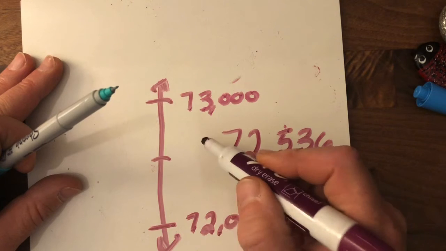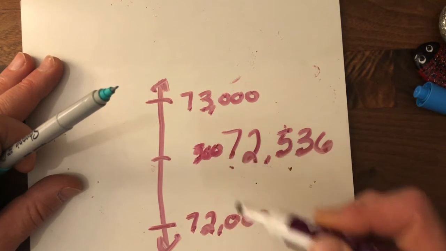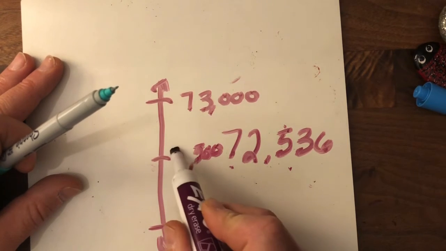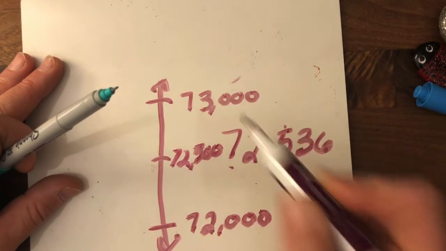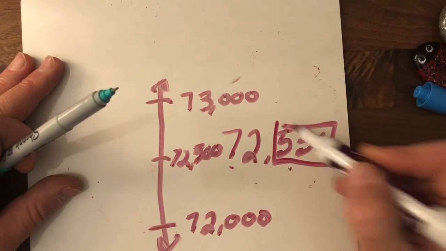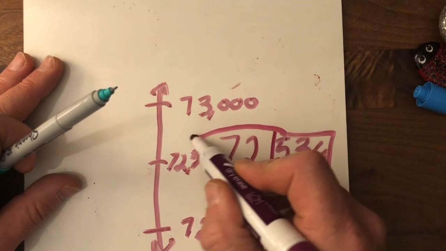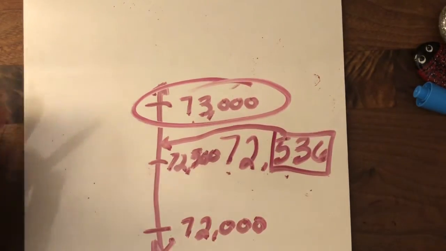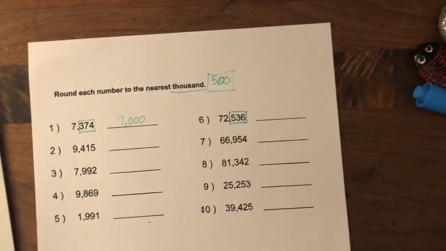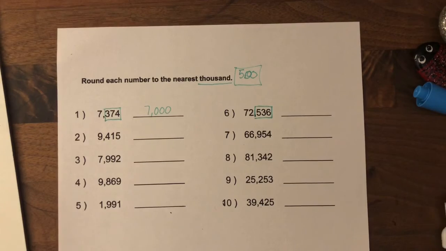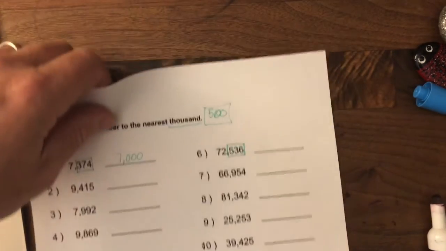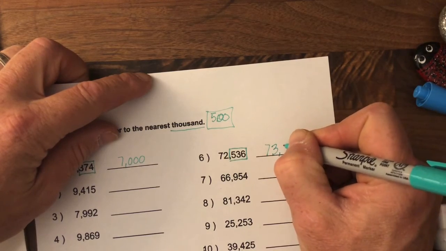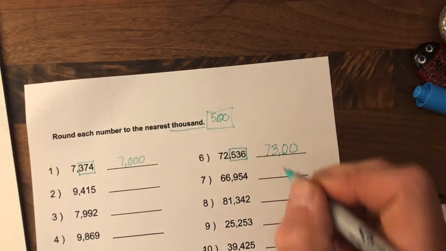The midway point has got to have a 500, but it's not just 500, it's 72,500. It's halfway between those. I see 536, that's higher than 500. That lands in here somewhere, okay? So I know I'm rounding up to 73,000.